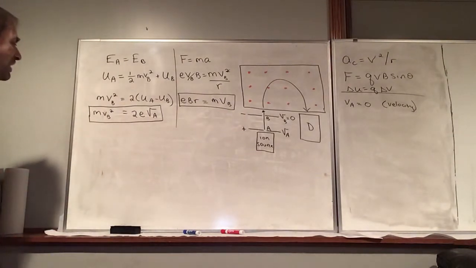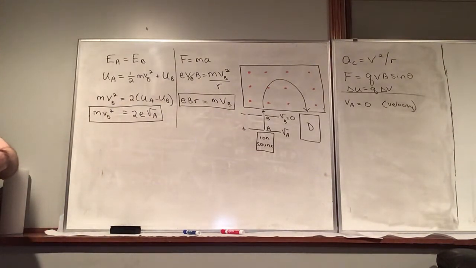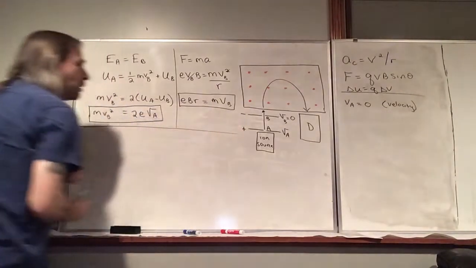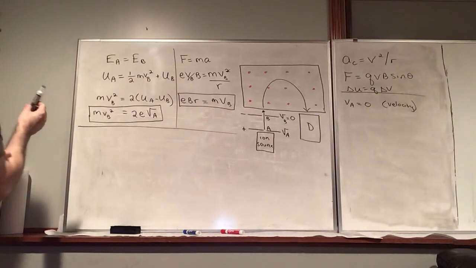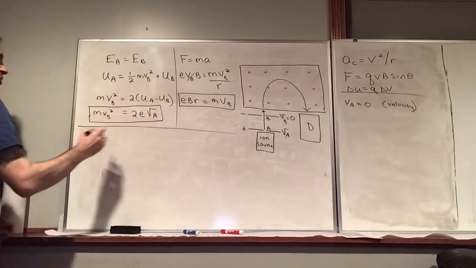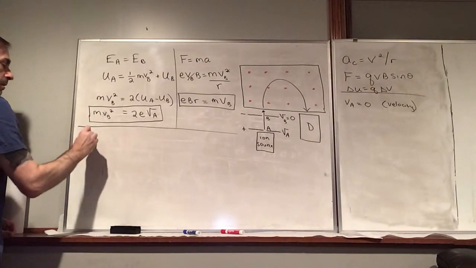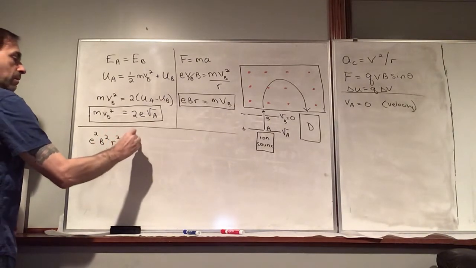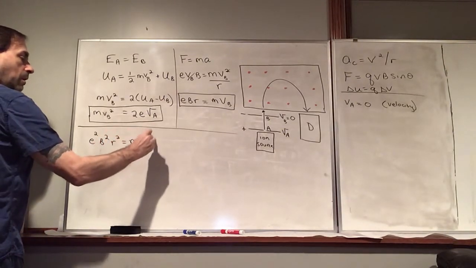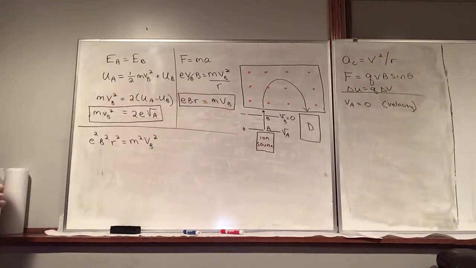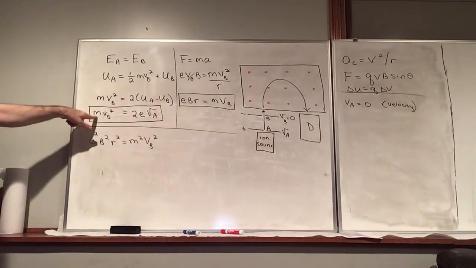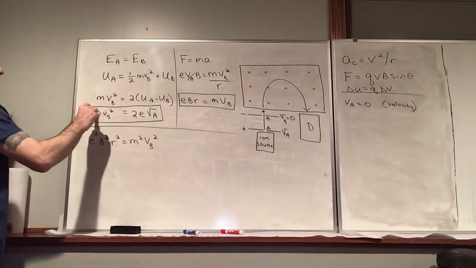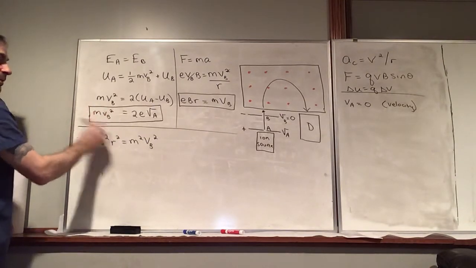And now what we want to do is put these together. So I'm just going to do algebra here. Let's start with this equation and square it. We have e squared B squared r squared equals m squared VB squared. And if we multiply this equation by m, we get that. So if we just multiply by m, we have m squared VB squared on the left side, which is this.